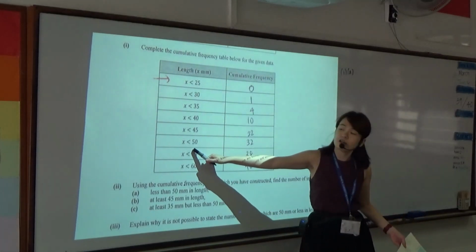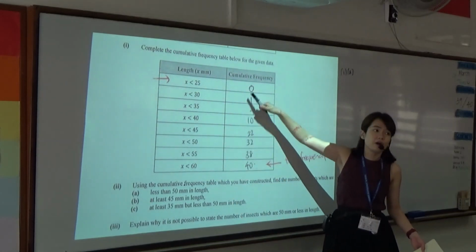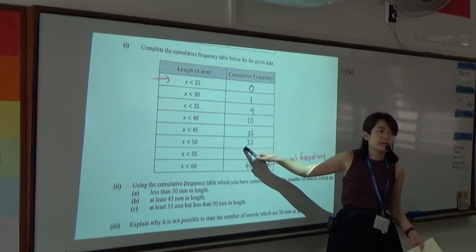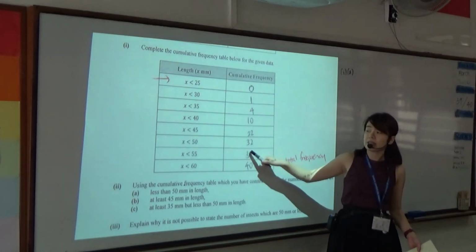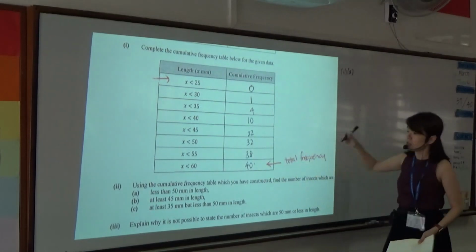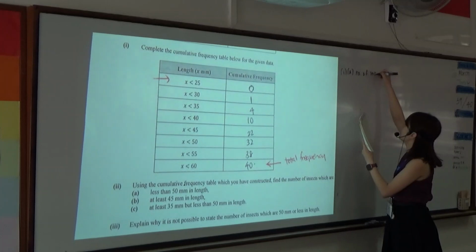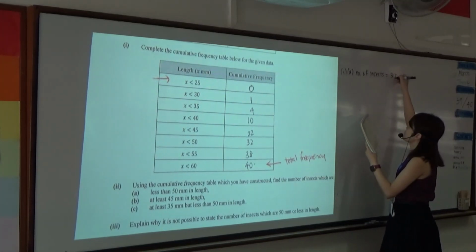We look at this interval over here, less than 50. I don't need to go and count what is before, because this value tells me exactly how many insects are less than 50 millimeters, and that will be 32. So number of insects equals 32.